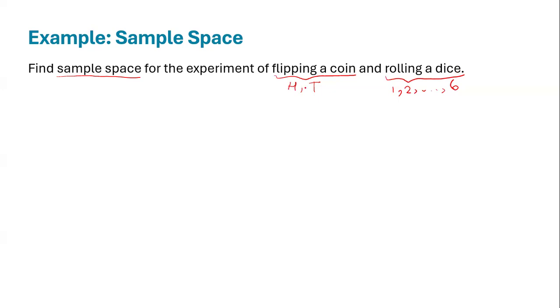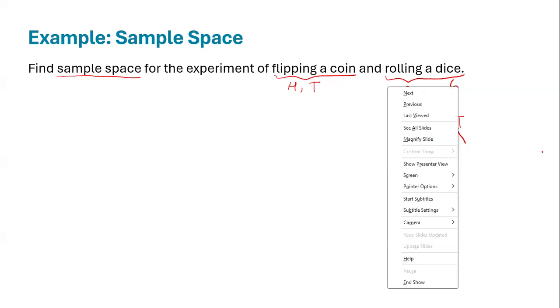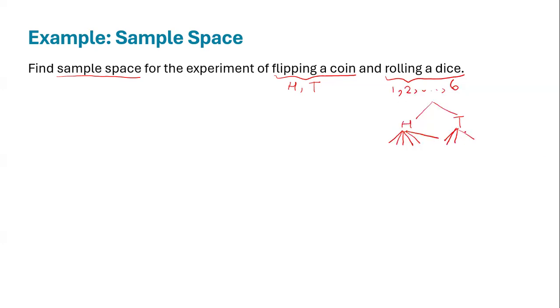You may get head, and when you get head, then you roll a die. When you roll a die, you may get 1, 2, 3, 4, 5, 6. Or you may get tail when you flip a coin, but still when you roll a die, you have all the possible outcomes of 1 through 6.